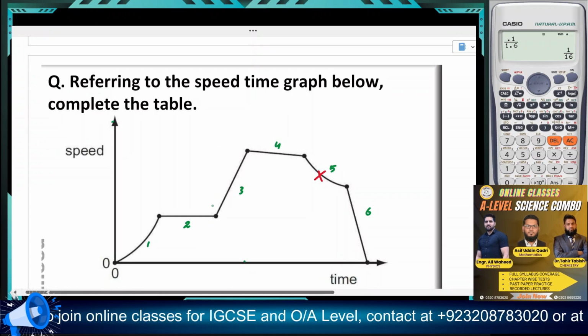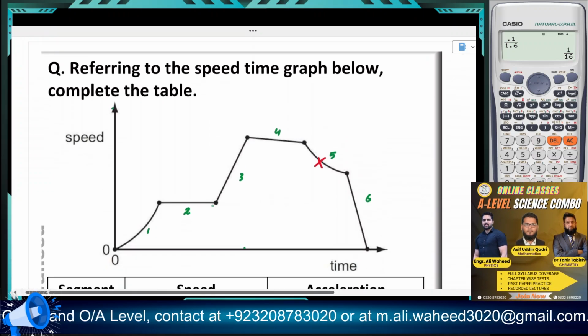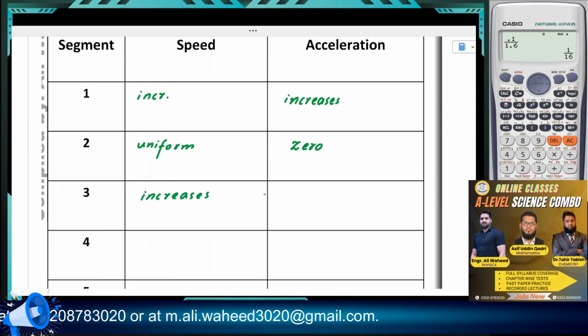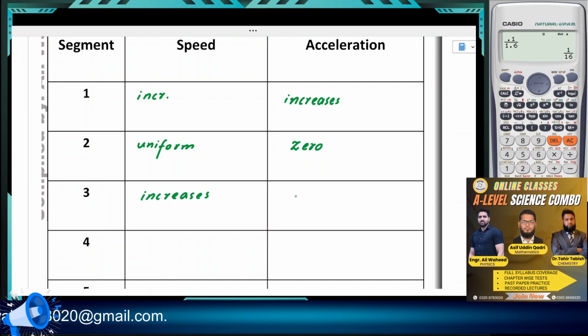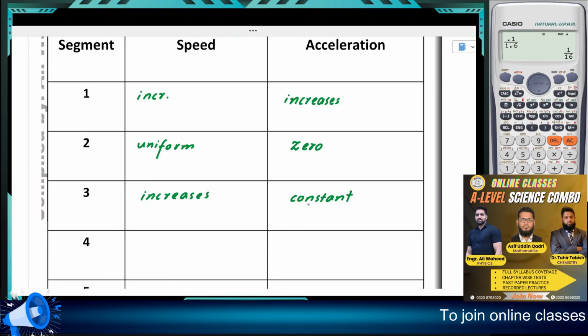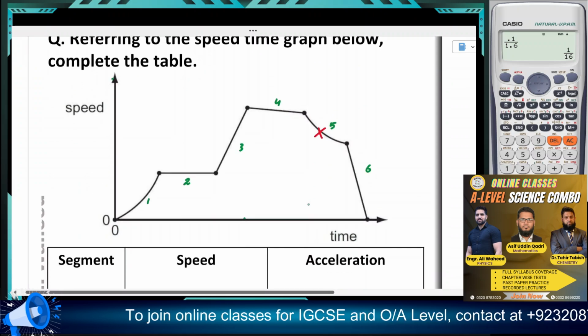But it's increasing at a constant rate because we have a straight line, so the gradient would be constant, and the gradient of a speed time graph gives you the acceleration. So acceleration is not increasing, acceleration is constant, and you can also say positive. But let's ignore the sign convention. We say the acceleration is constant.